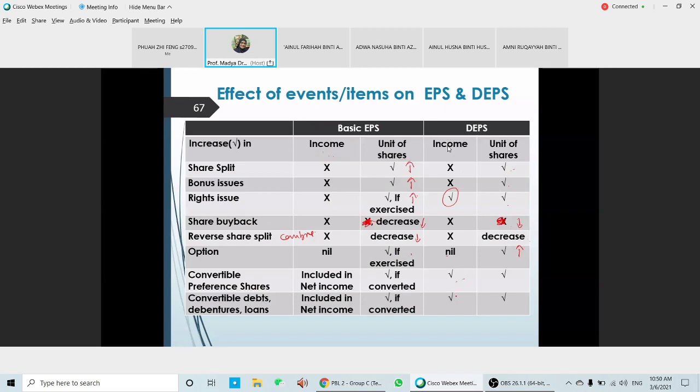For convertible preference shares and debt, both are going to increase earnings if you convert them, and the number of shares will also increase. So this table summarizes the effect to the basic earning per share and also to the diluted earning per share, except for the share buyback, which is supposed to decrease the number of shares.